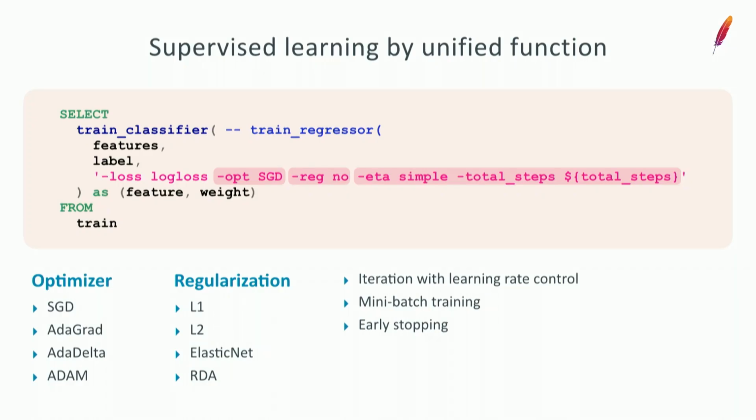For example, you can arbitrarily configure the optimizer used to train the model. The simplest approach is stochastic gradient descent, SGD. But if you prefer more advanced ones, we support AdaGrad, AdaDelta, and Adam.